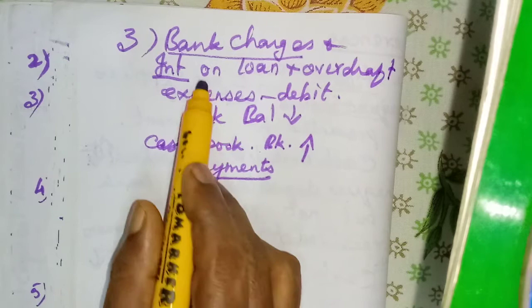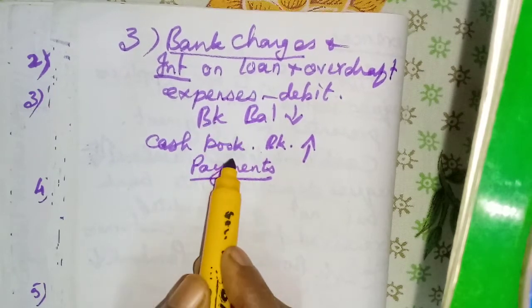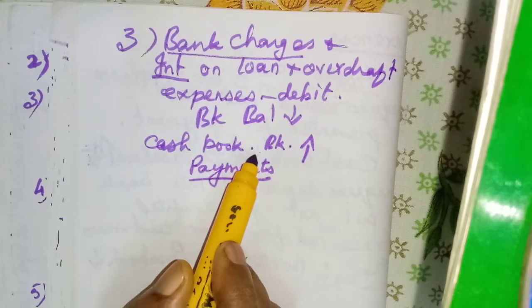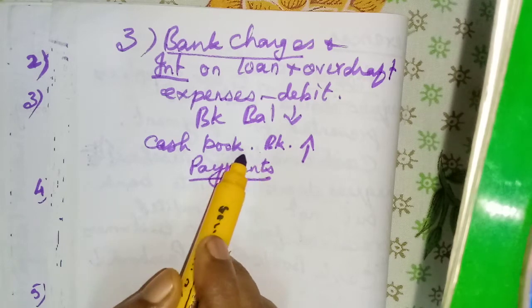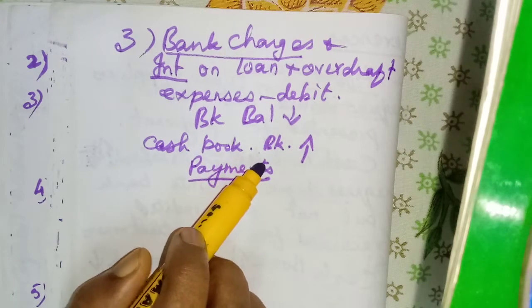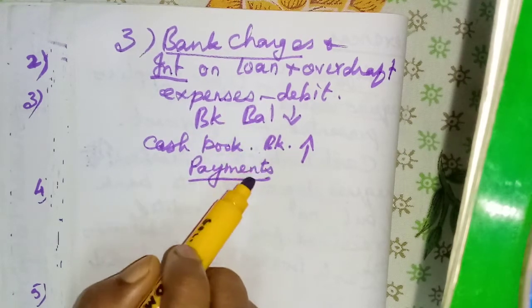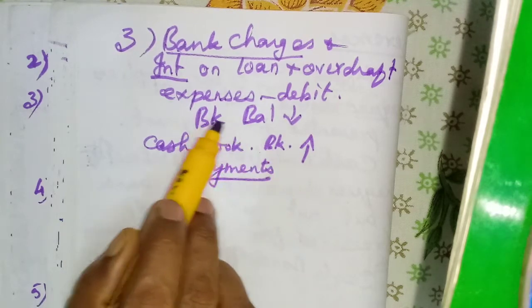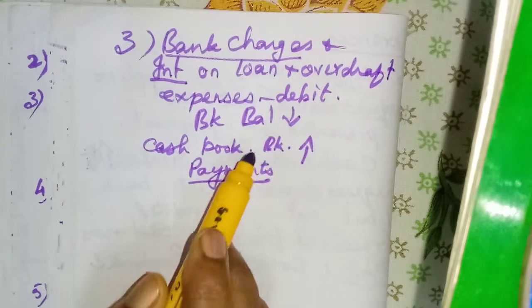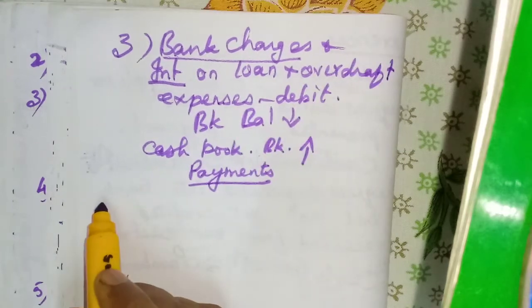But the bank will charge first. Once we receive that bank statement, only then we can enter it in the cash book. Okay, so due to this also the cash book shows more balance and the bank passbook shows less balance.